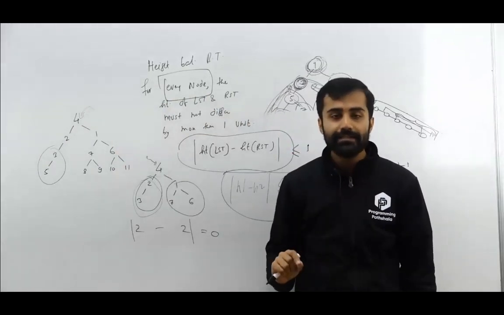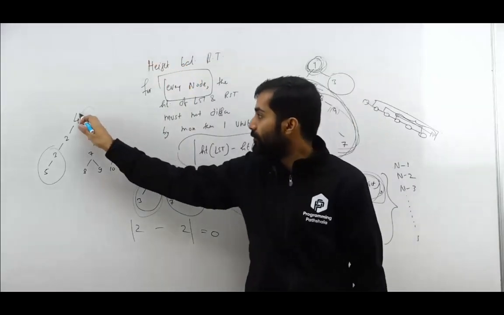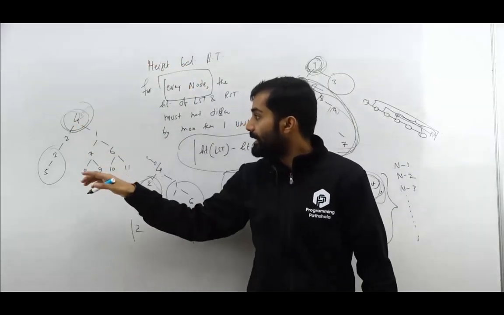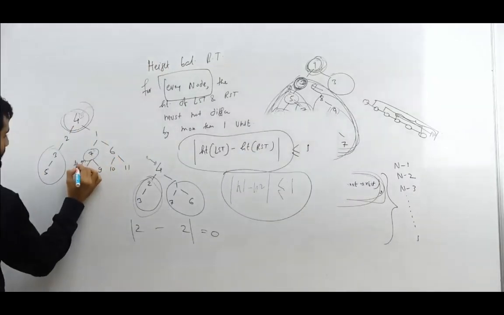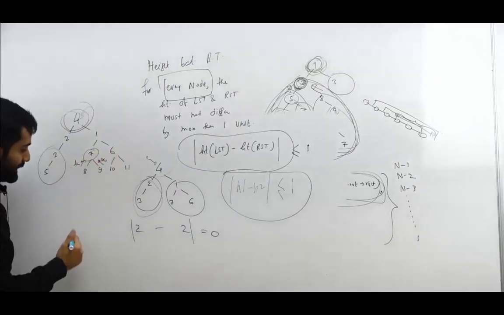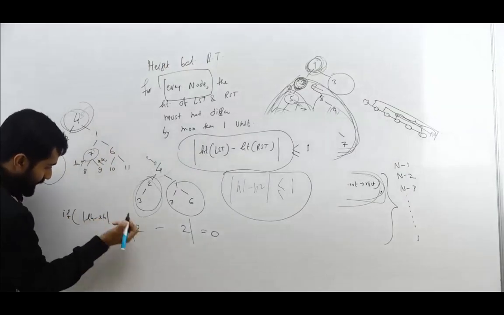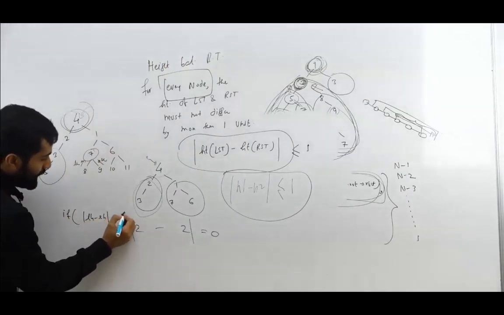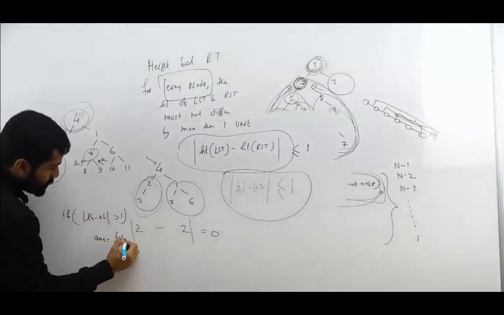Rather, what you can do is in the height method itself, let's say you have invoked the height call for this. Whenever you are at a node, you would know the left height and the right height. If you realize that this difference ever becomes greater than 1, then you can turn your answer to false.